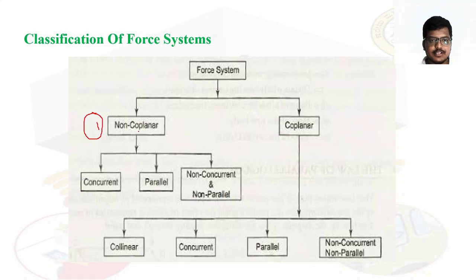In non-coplanar we have concurrent, parallel, non-concurrent and non-parallel. And coplanar is divided into collinear, concurrent, parallel and non-concurrent and non-parallel. Now we will discuss all of these one by one with examples.